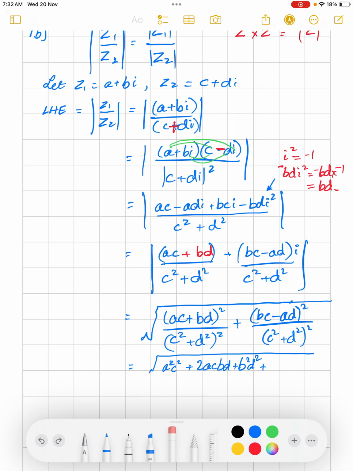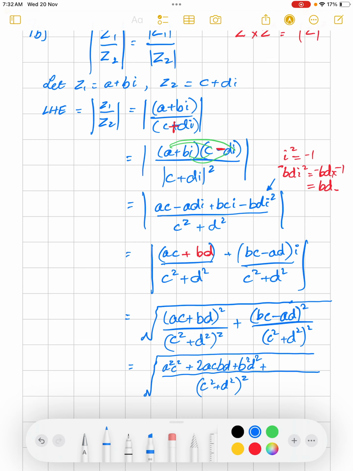Let's just, for now, keep that all over C squared plus D squared squared, because they're both the same. Yeah, that's fine. Now let's expand.